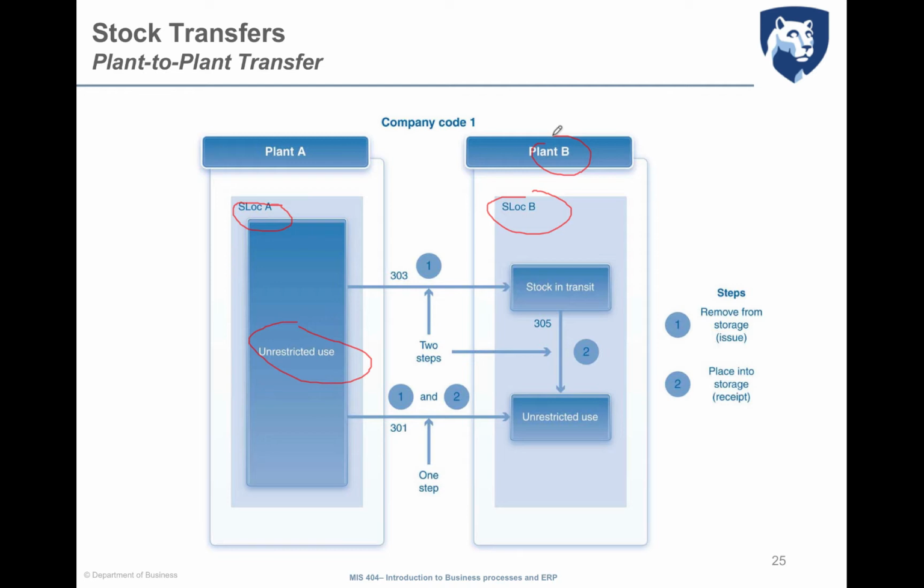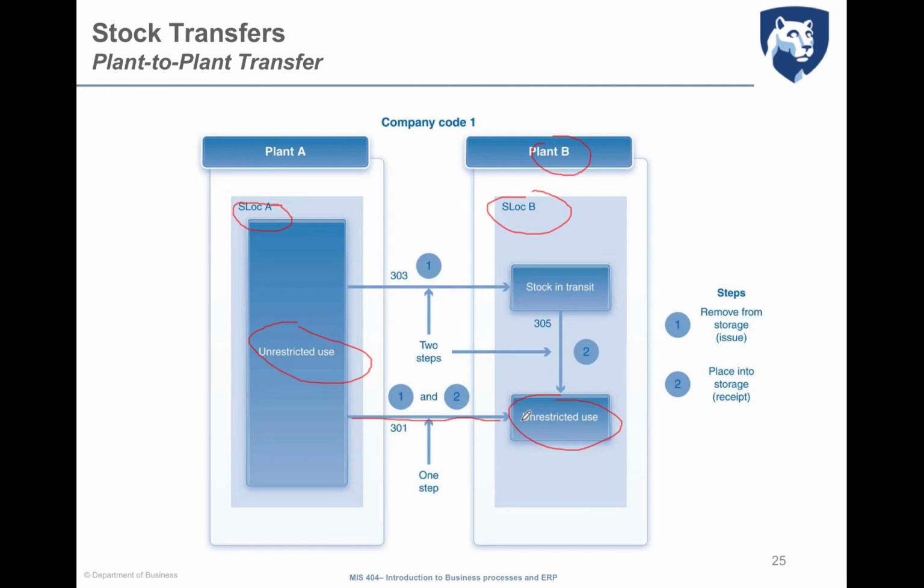The difference is in the stock status at the receiving plant, because as you can see in the one-step procedure, the materials are placed immediately in the unrestricted use. So there is a direct flow from plant A to plant B, and the material is put immediately in the unrestricted use.